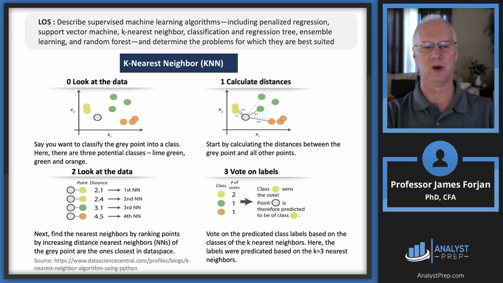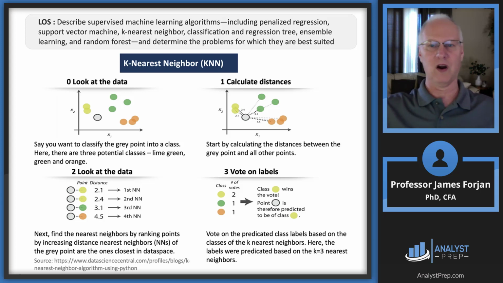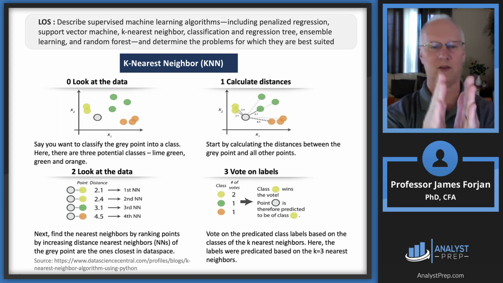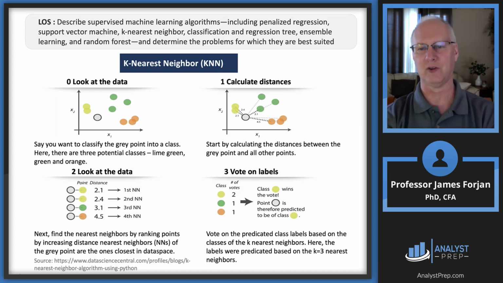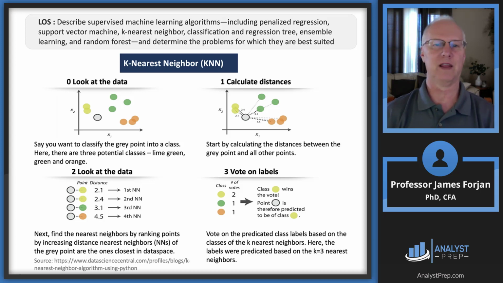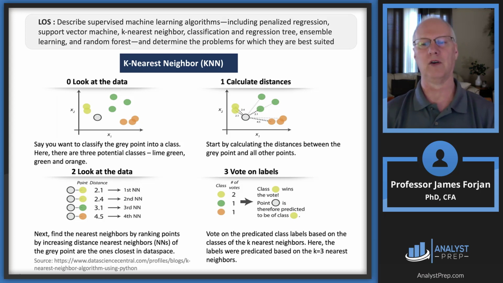Is the nearest neighbor this far away? Can you guys see my hands? Or is the nearest neighbor this far away? Then we find that closest, that nearest point. It looks pretty obvious here that we're going to classify that as what I called yellow originally, but we call this lime green.